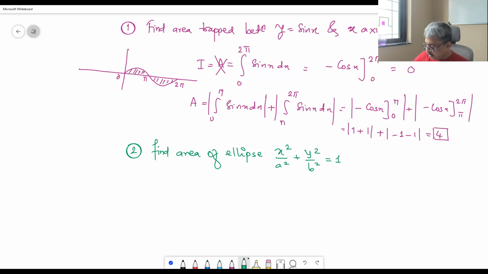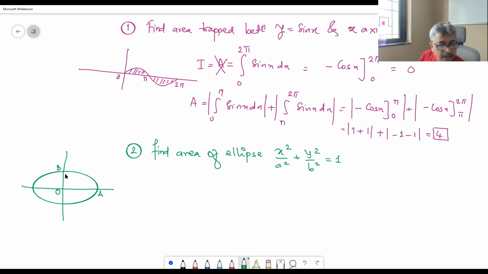Okay, so because this is first, I will write the solution. Ellipse looks like this. And therefore, we should solve it for 1/4. This area, if we find out it is good enough, it is from 0 to a. F of x, we'll have to find out what f of x is. Y in terms of x, we should be able to write.